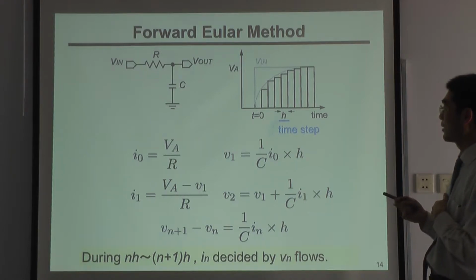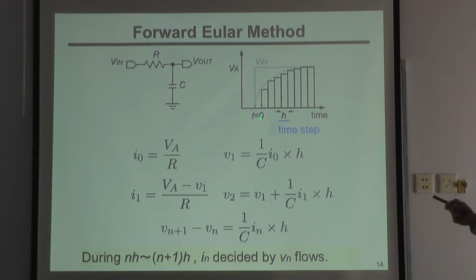In forward Euler analysis, we have a time step h. And in h, we assume that in this period, we have a constant current decided at t equals 0. For example, at t equals 0, the input is 0, so the V out is 0.